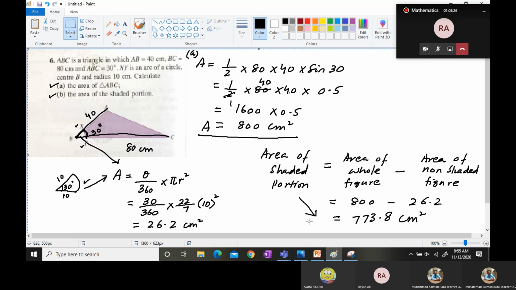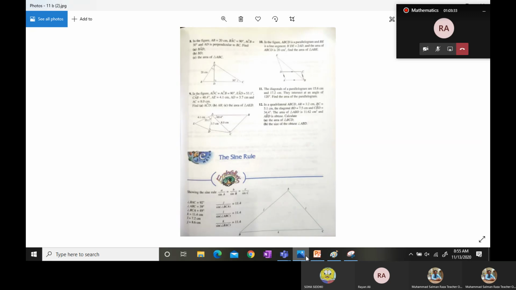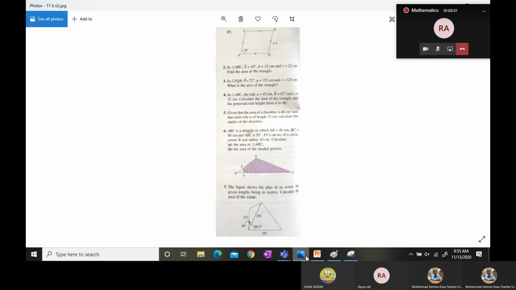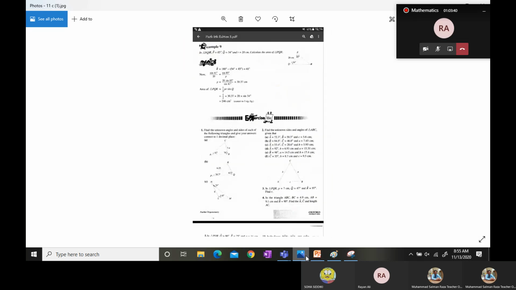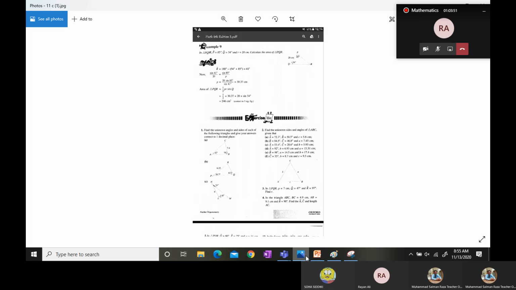Now we are going to move forward to the next part of our exercise. After areas, we'll be finding out how to apply the sine rule.